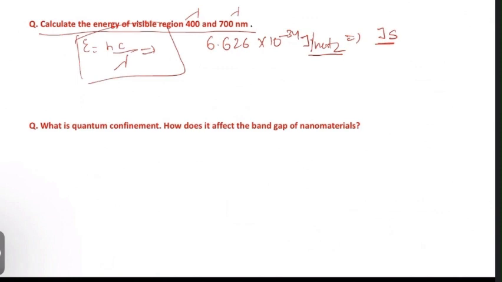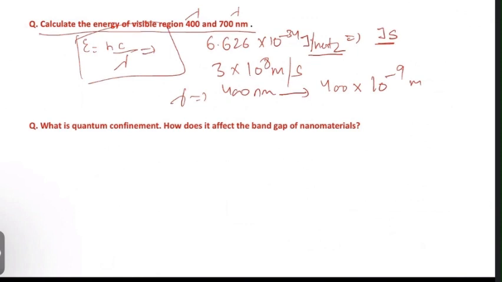Now what's the speed of light? It is 3 into 10 raised to power 8 meter per second, I'm just telling you the approximate value. You have lambda, which is 400 nanometer, which we will convert into meter. So do this calculation and tell me the answer.